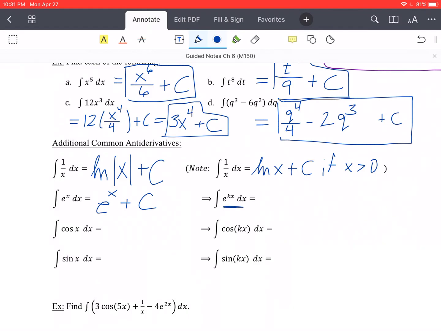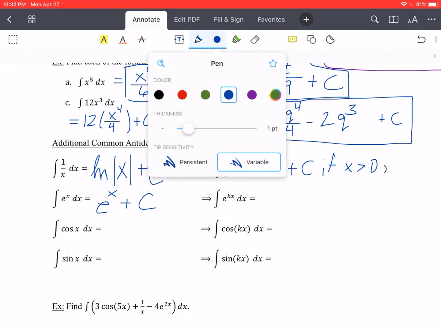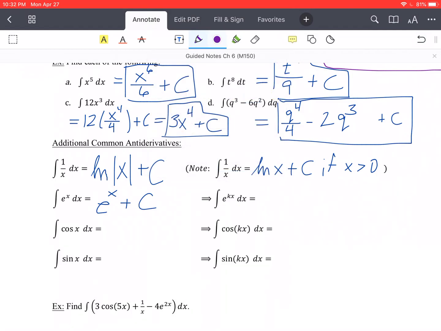Well, to find the antiderivative of this, your first guess might be, okay, I think it's just e to the kx again. But when you take the derivative of that, you get e to the kx times the derivative of the inside because of the chain rule, so that's times k. Looking back, there's no k here. What happened?